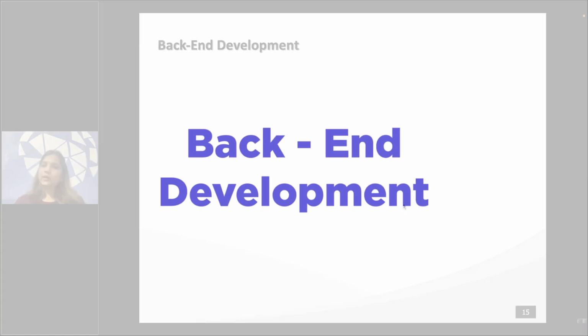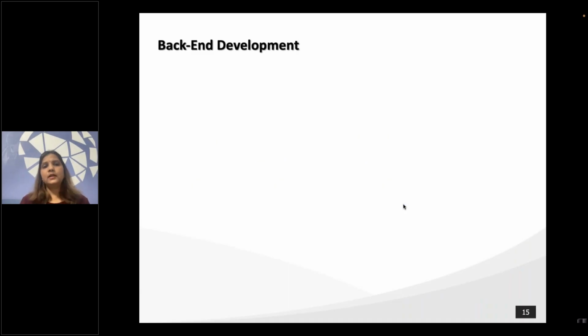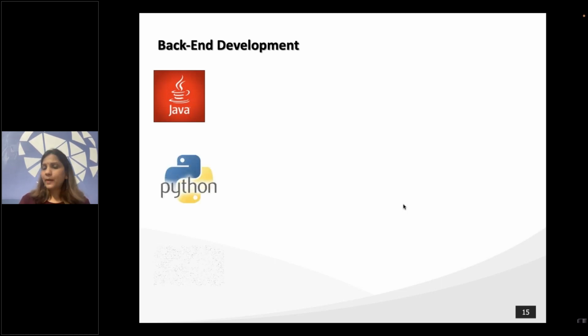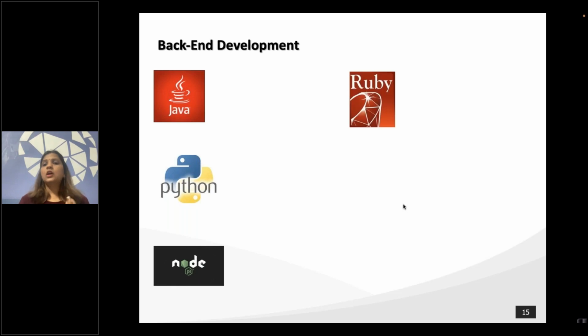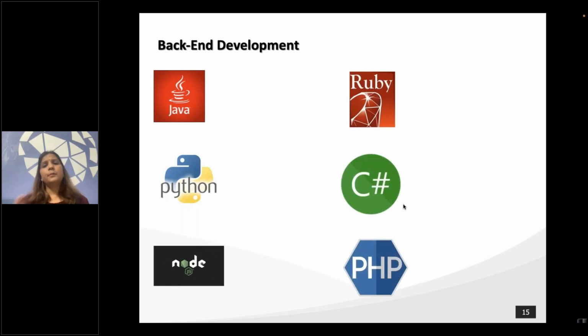That was with respect to front end development. Next is back end development, where you may work with the Java stack, Python stack, Node, Ruby, C Sharp, PHP. I've just pinpointed the most used technologies in the market with the trends they are in.